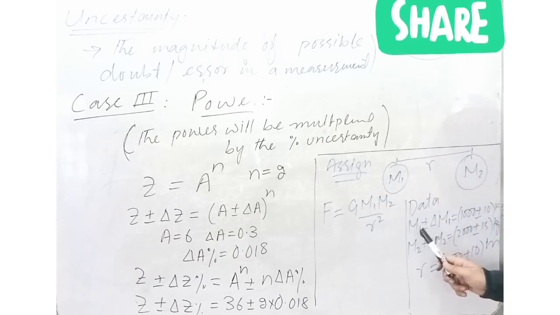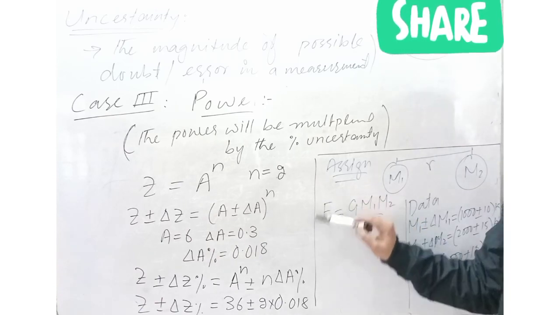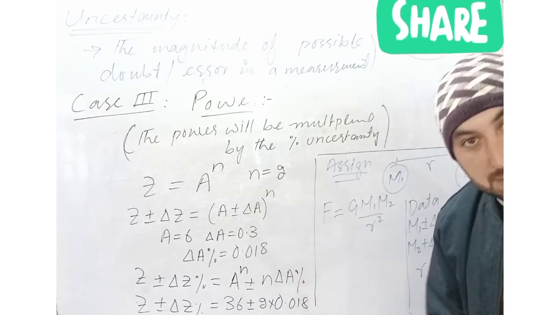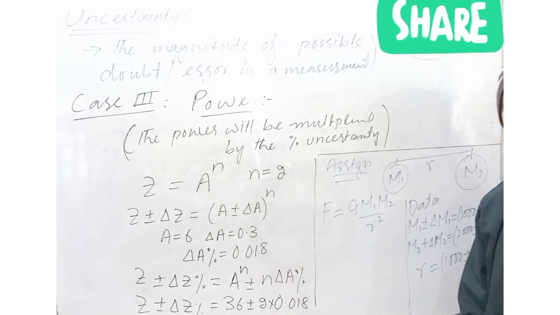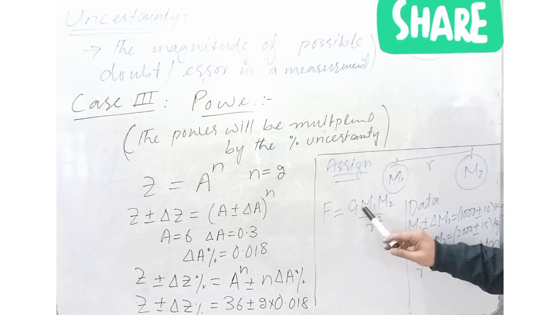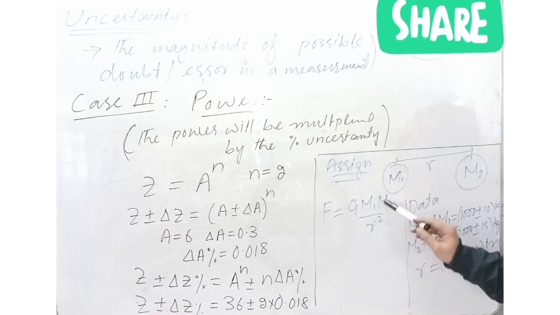If the masses are given along with the possible uncertainties, and the distance between the masses is also given with its uncertainty, and someone asks you to find the force along with the possible uncertainty in the force, you can find it by using all three different methods, right? You can see the two masses are in product and they are in turn a quotient with the radius, and you have a power over here, right? So I hope you can solve it.